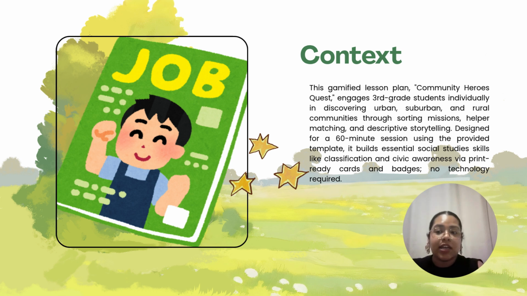I would present a visual poster showing different types of communities, urban, suburban, and rural, along with various community helpers, which will be shown at the end as materials and resources. Then I would guide students with a key question: who are the everyday heroes that help our communities? This stage is designed to activate prior knowledge, increase engagement, and establish a meaningful context for learning.